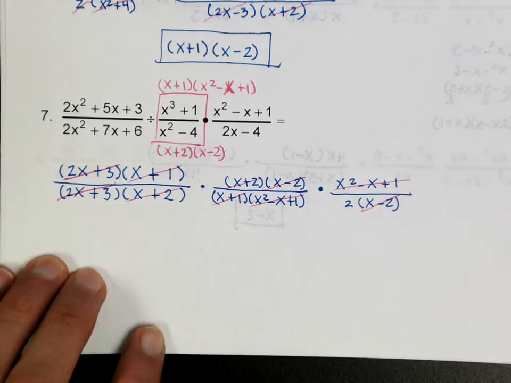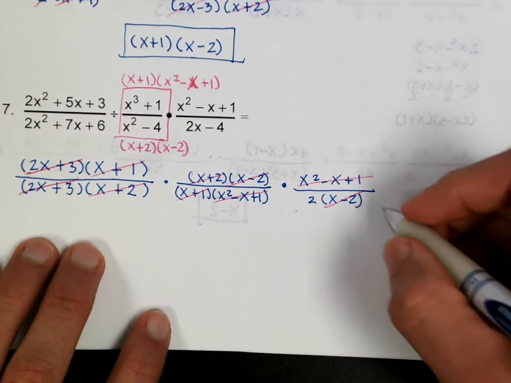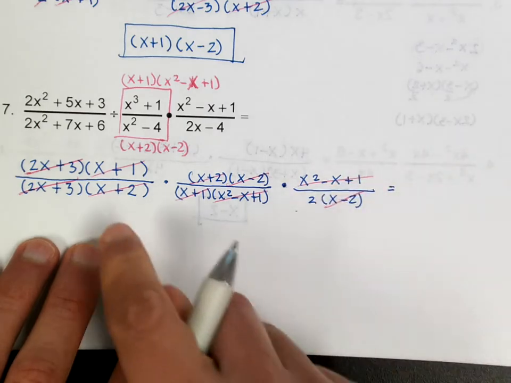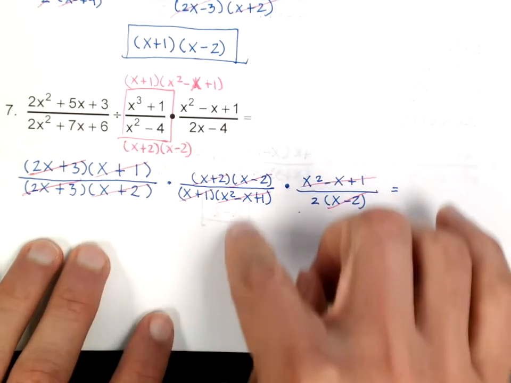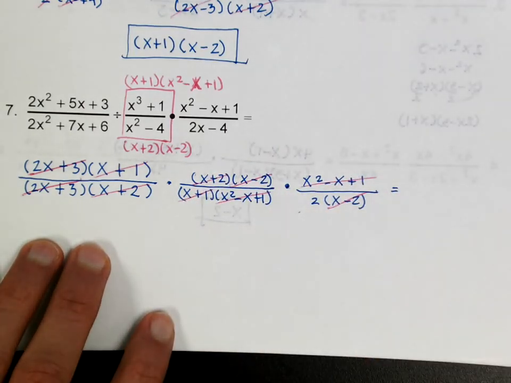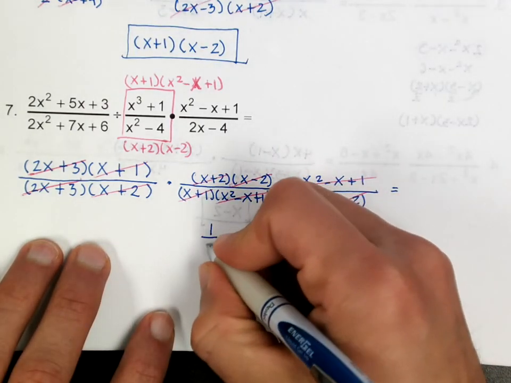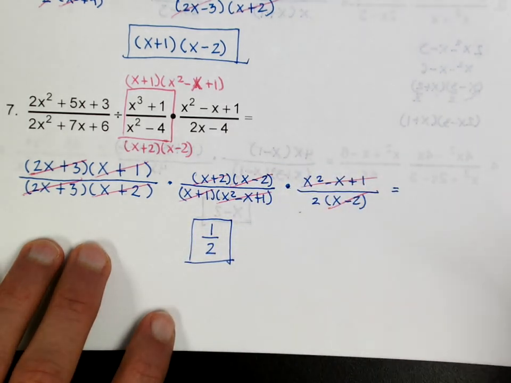Notice that all I have left is this 2 in the denominator. But if I have a 2 in the denominator, remember, this really didn't just disappear. These are 1s. So all of these, every time I'm dividing like this, what I have is 1. So what I have left over is a 1 over 2. And that's pretty much it.